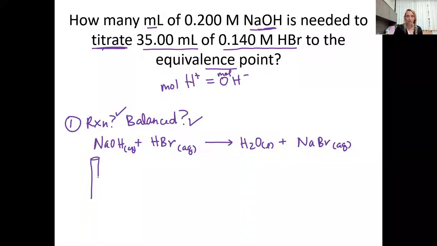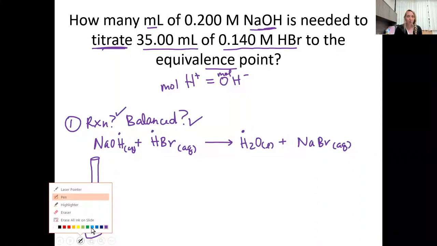So let's draw this burette. And I draw my Erlenmeyer flask. And you guys can see why I wasn't an art major, right? Someone asked me about the hydrogens. So I have one hydrogen here, one hydrogen there, and then two right there. So my hydrogens are balanced.